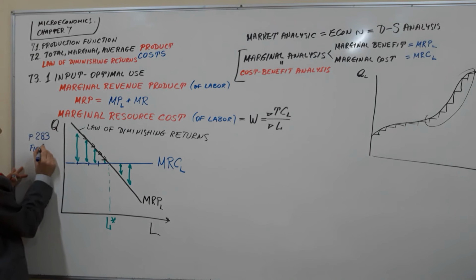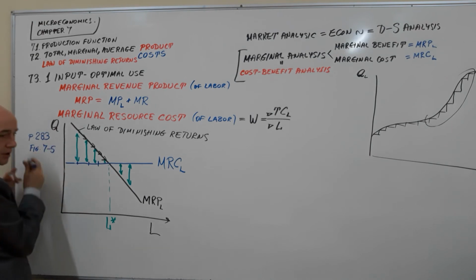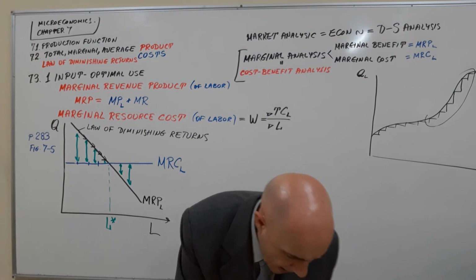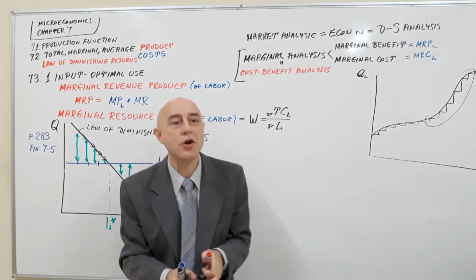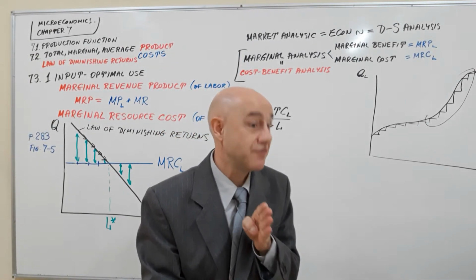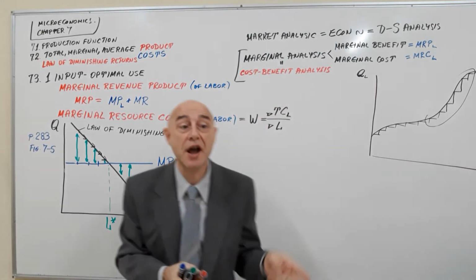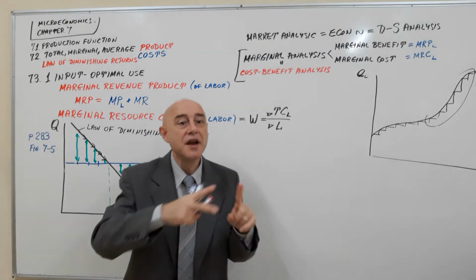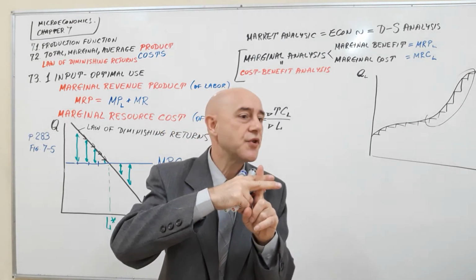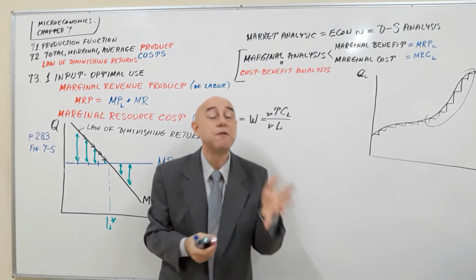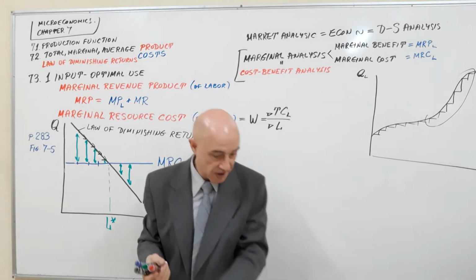You can open your books to take a look at it. Now, in the textbook, they say the optimal is 3.5 workers. This means that you can have 3 workers full-time and 1 worker half-time. If you can't have a half-time, then 3 workers is okay. 4 workers, now you're losing money.